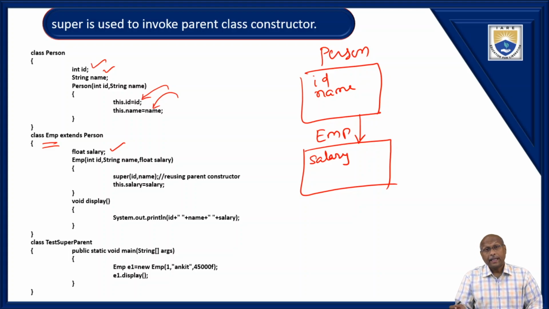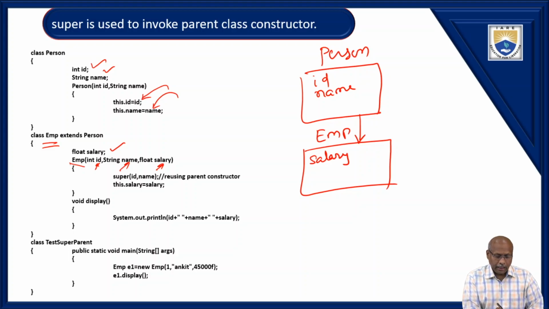But as a child, it has full right to utilize the parent's properties. So the parent's properties, ID and name, are also available to EMP. The constructor of the employee class takes three parameters: ID, name and salary.